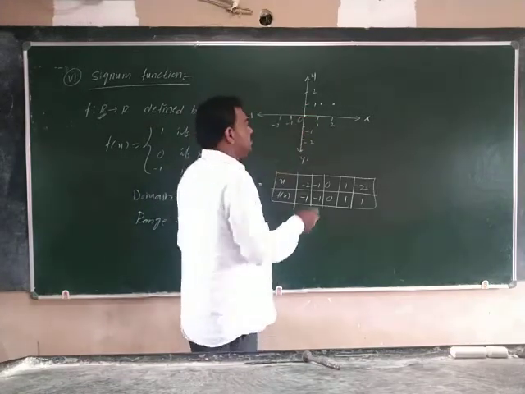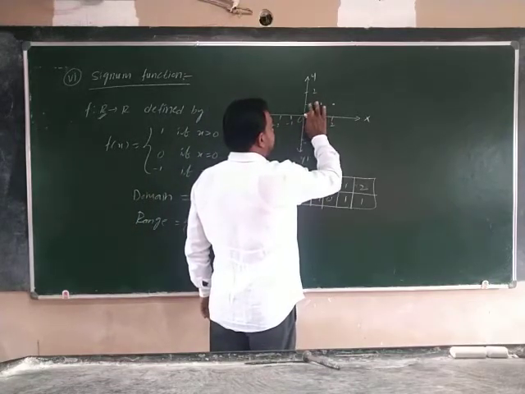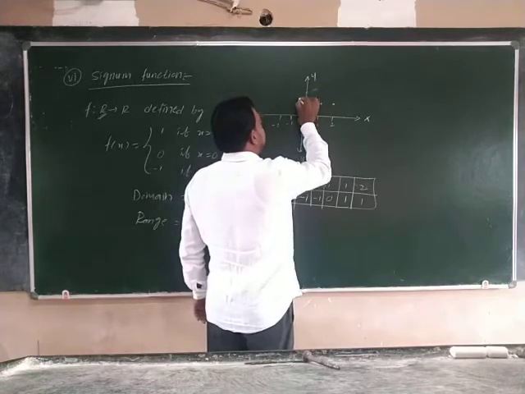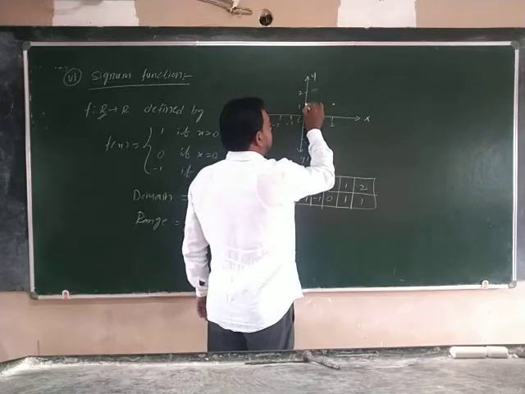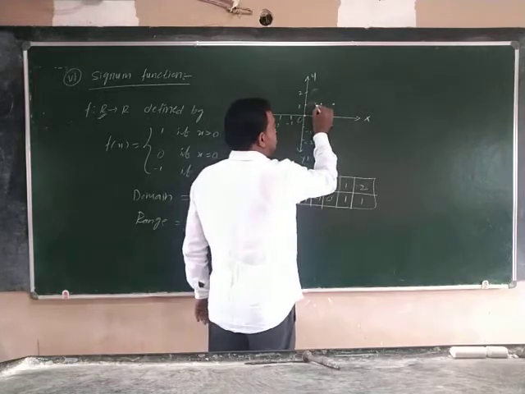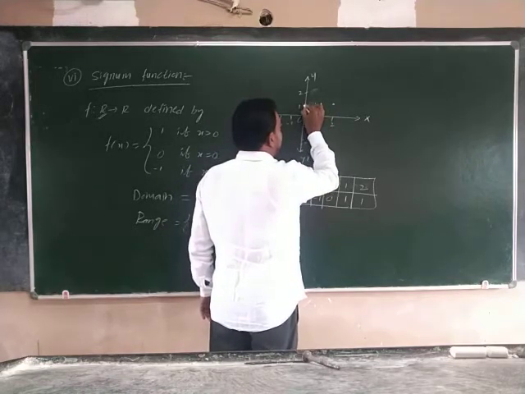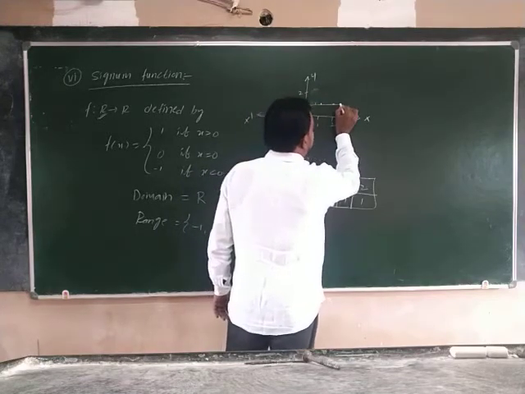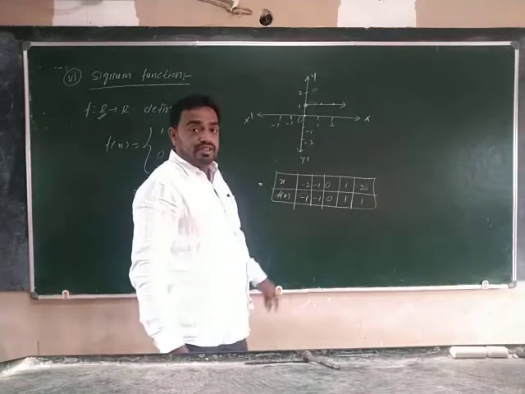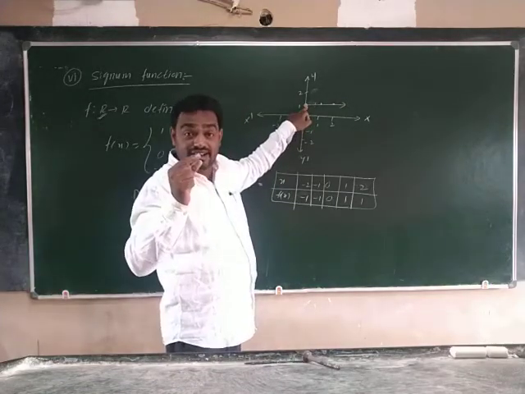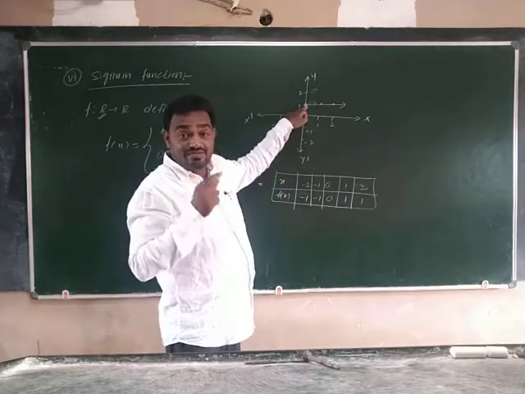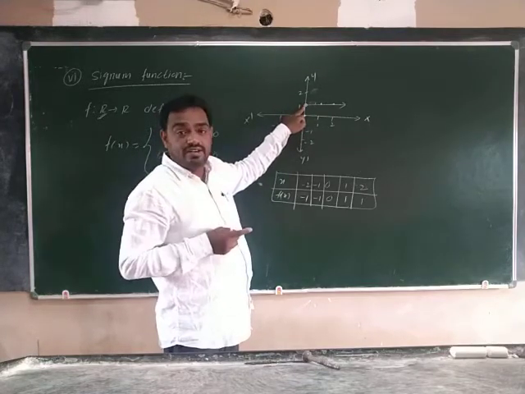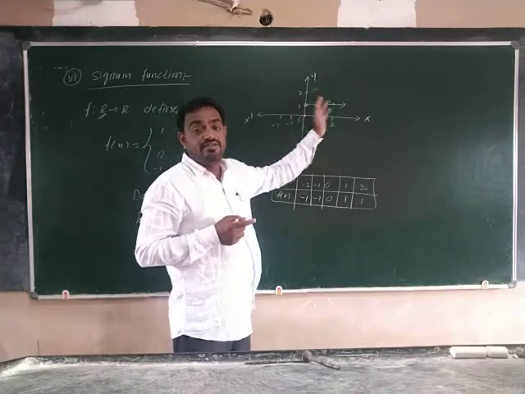That means except this point 0, 1 on the y-axis, we are getting this line. What I have written here is an open circle. The circle represents the point 0, 1, which is excluded from this line.